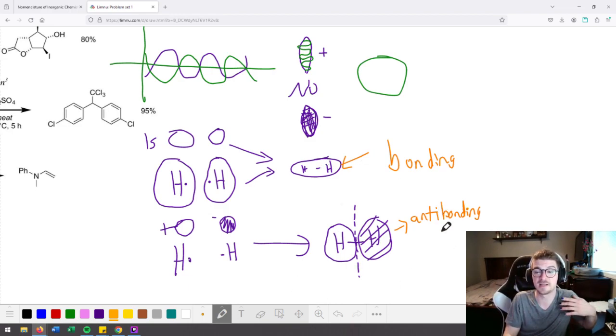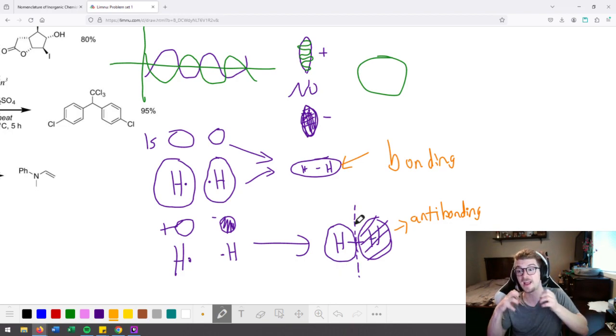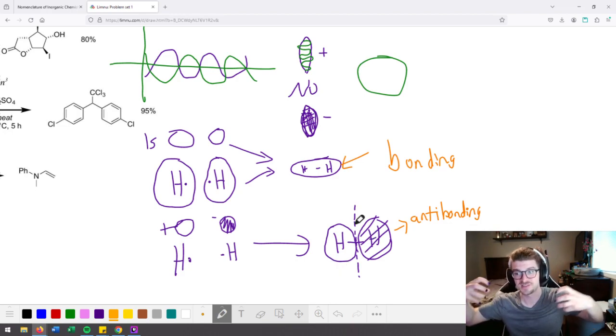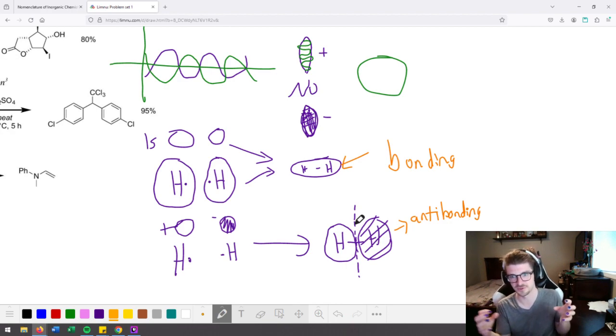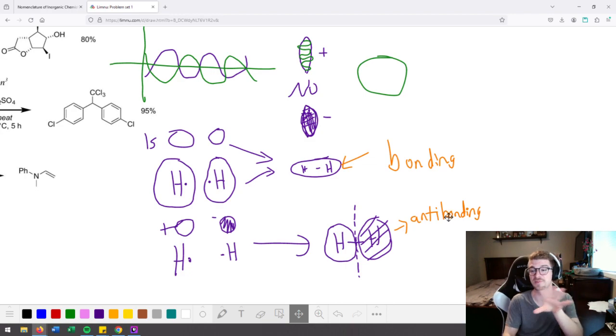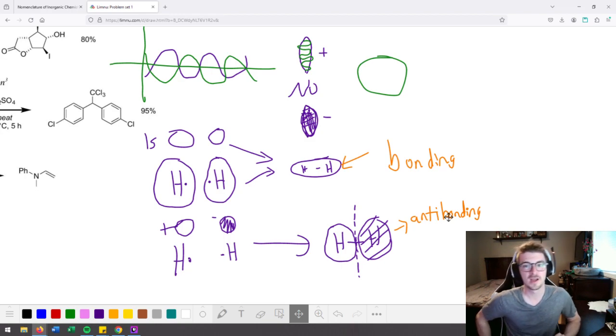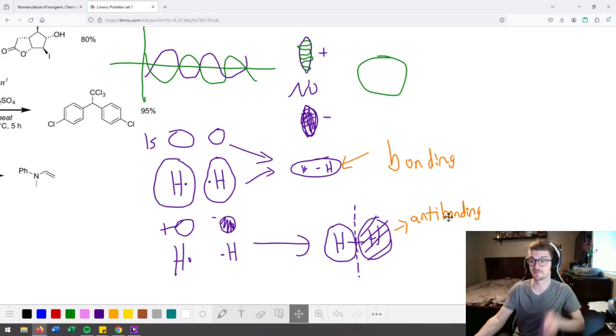If you populate an antibonding orbital with electrons, that breaks the bond between these two. That actively tries to separate those two atoms. And we're going to see some examples of this. I'm not, for a change, getting distracted and talking about something else. This is actually very pertinent to what happens in substitution reactions.